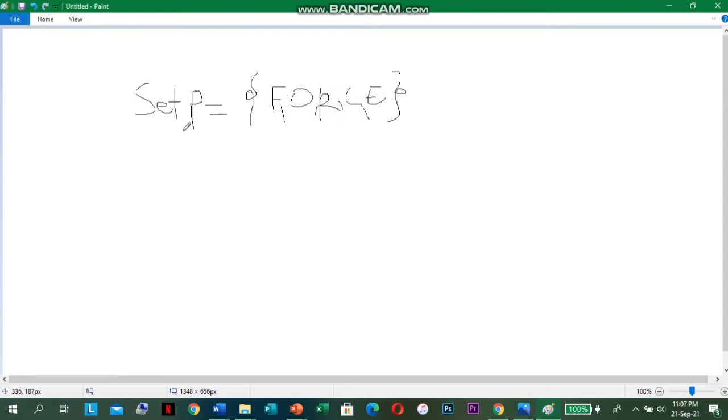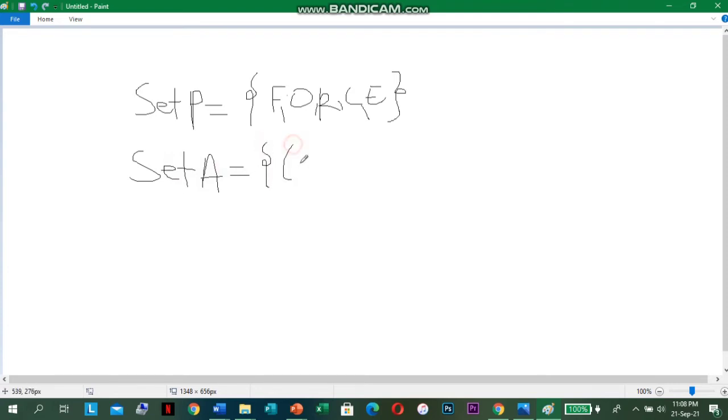Is this set equal? This set cannot be equal unless it has something to compare to. So let us have a next set now to compare to set P. So we have set, call it set A. All right, so we're going to compare now. We want to know if these two sets are equal.